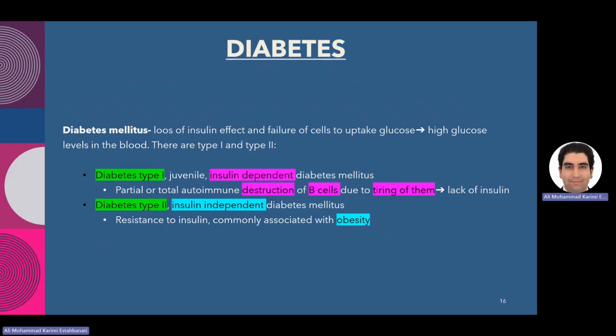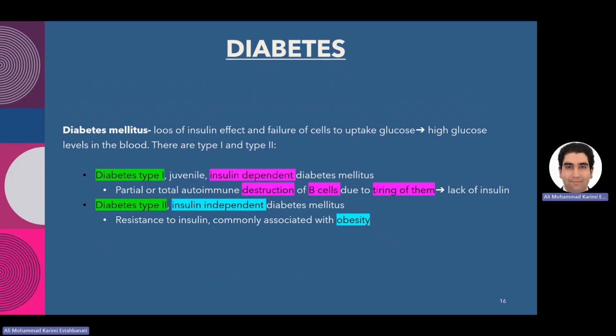Now, diabetes type 2 is mostly seen in adults, especially those who are obese. The reason for it is that the insulin receptors on the cells have been damaged. So the insulin level is enough, however the insulin receptors are damaged. They need to cut down on their weight and get thinner.